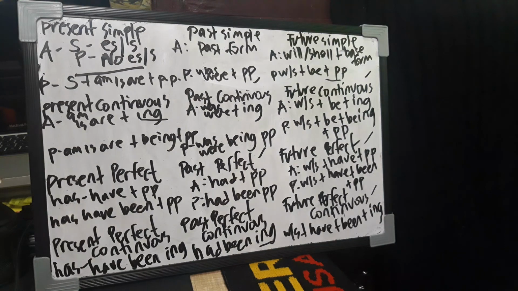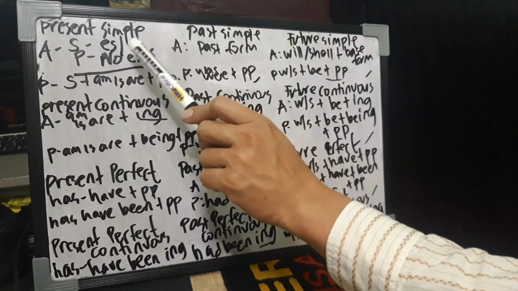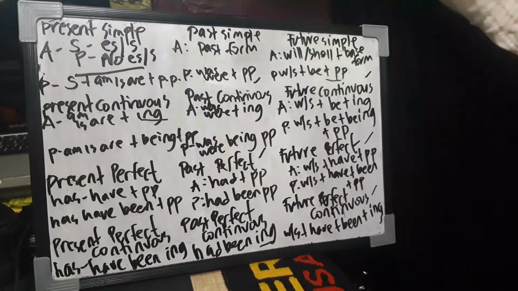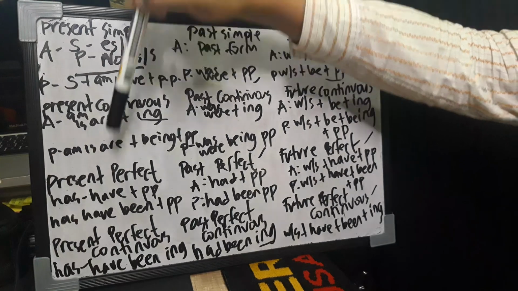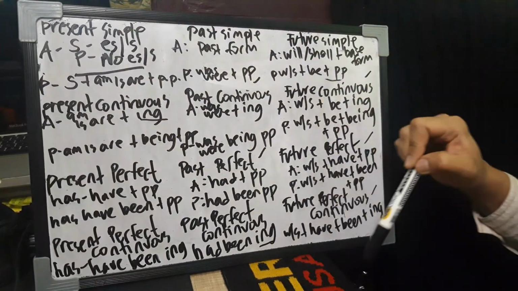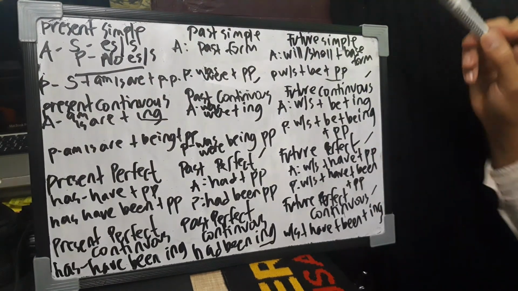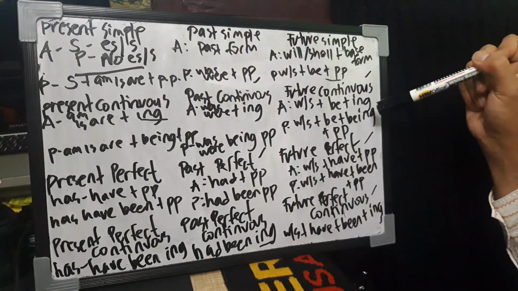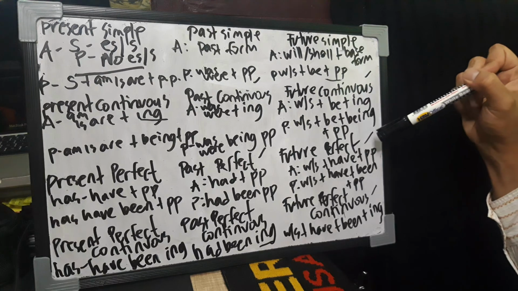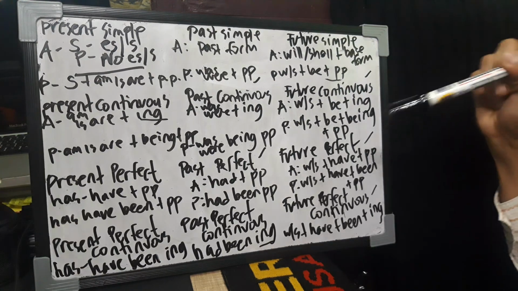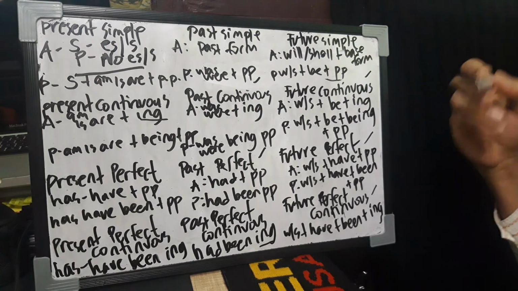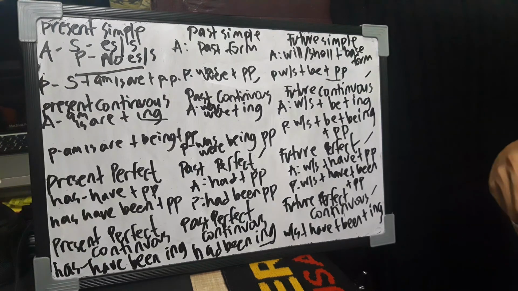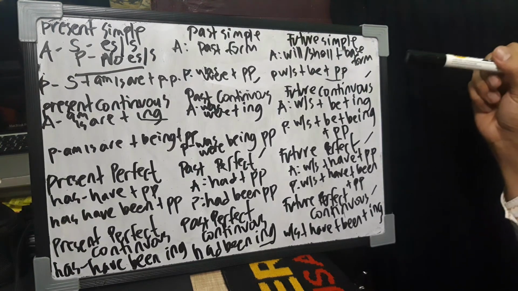On my next video, I will be making one sentence, and I will transform one sentence using the 12 tenses, active and passive. I cannot write here because of course the board is too small, so I'll get another small board that I have and I will make examples there.